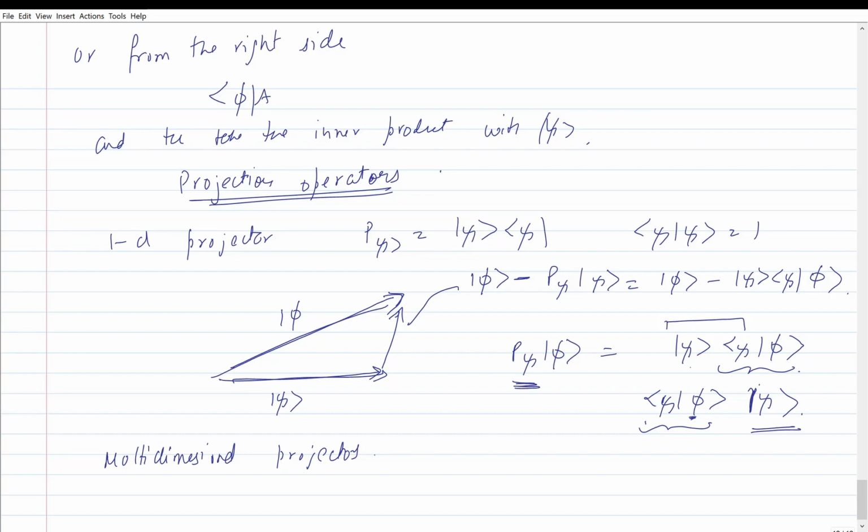We can have similarly multi-dimensional projectors. Let's say S is a d-dimensional subspace spanned by orthonormal vectors.